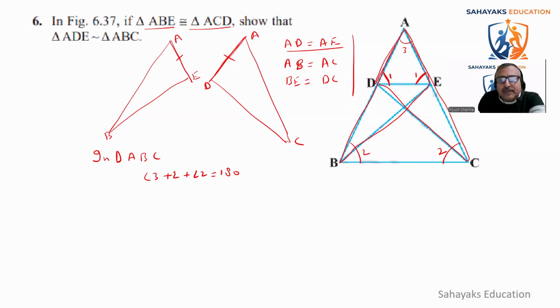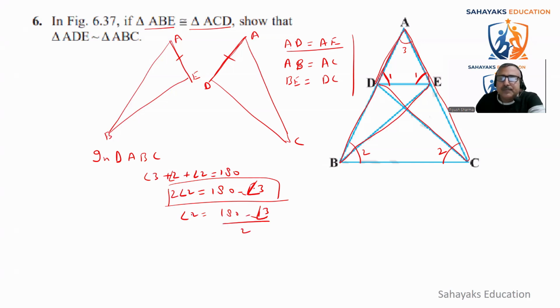So 2 angle 2 is equal to 180 minus angle 3, or angle 2 is equal to 180 minus angle 3, divided by 2.